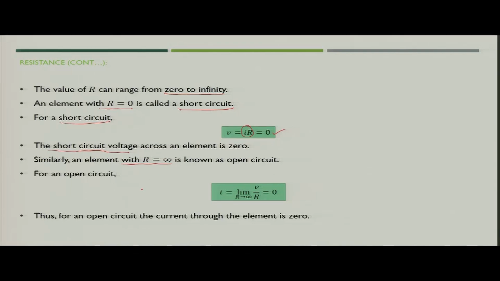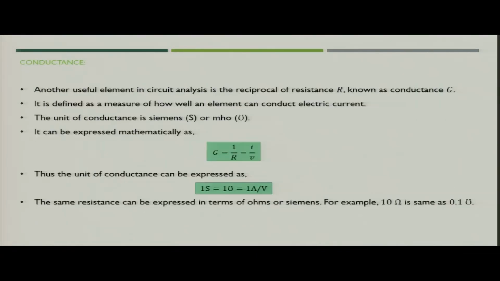Under the other boundary condition, that is R equal to infinity, you will consider the circuit as an open circuit. Under that open circuit condition, what would be the current I? You can find the value of I is the limit as R tends to infinity of V by R, and the value of this is equal to 0. So, it means that under open circuit condition the current flowing through that element would be 0.